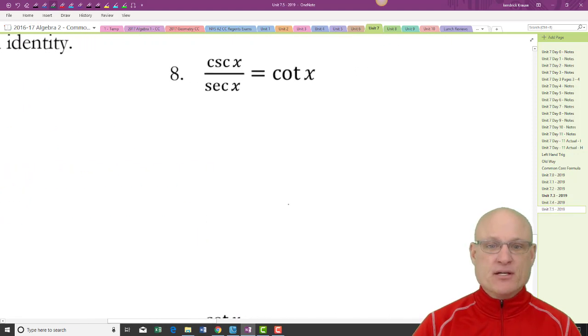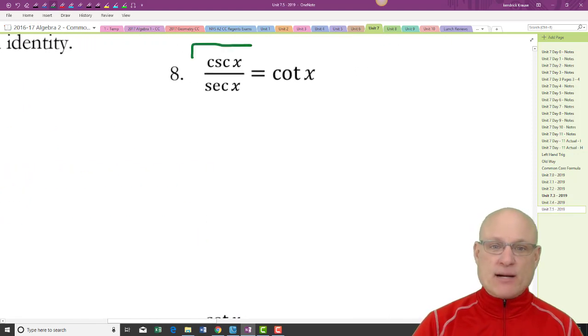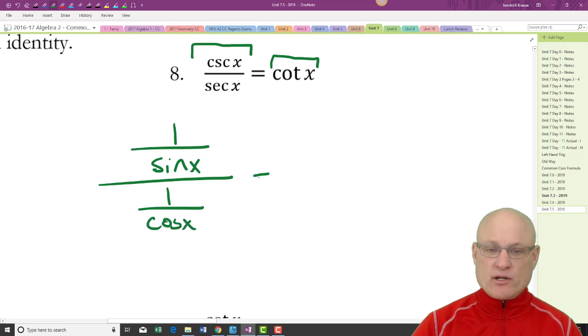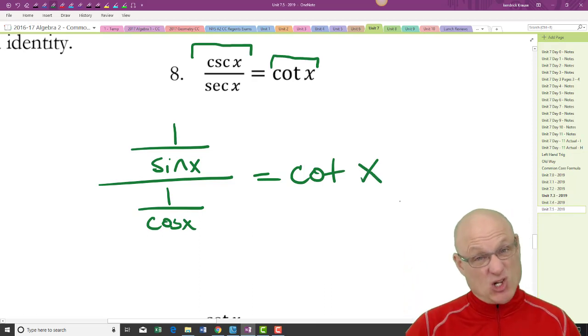Don't do that. All right, this side's the more complicated side. We want to see if we can make that equal to cotangent x. So, okay, no problem. This is 1 over sine x divided by 1 over cosine x, and we want to show that that's equal to cotangent x. So when I'm done, I better have cotangent x equals cotangent x.